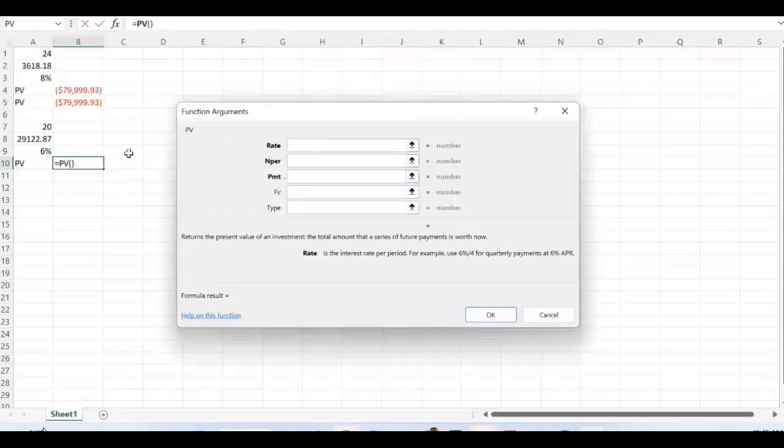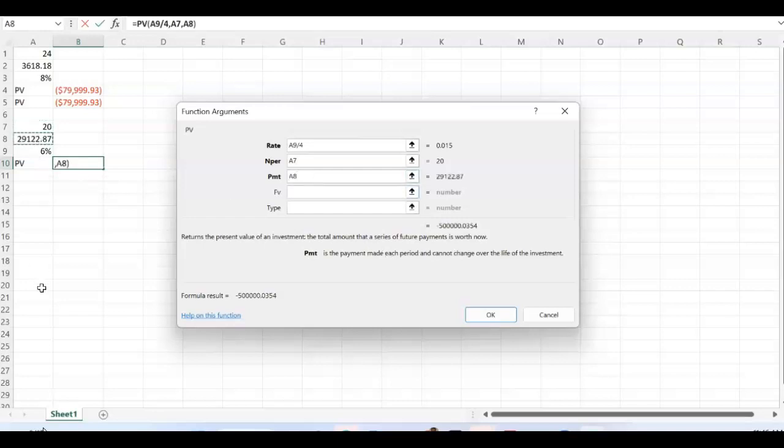And then rate is that, which is 6% in this case, divided by 4. Because it's quarterly payments, 4 times a year, so it's divided by 4. How many quarters? Equals to that, right? 20 quarters.